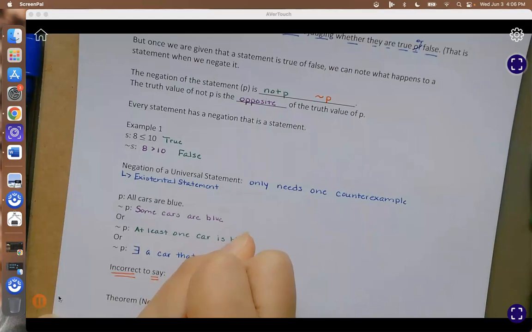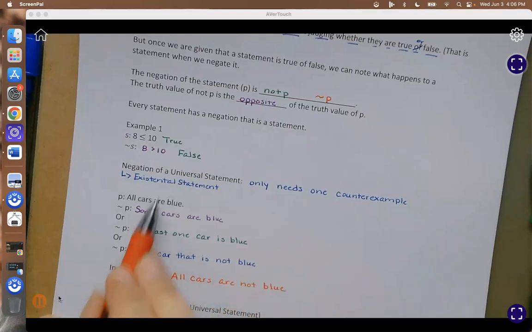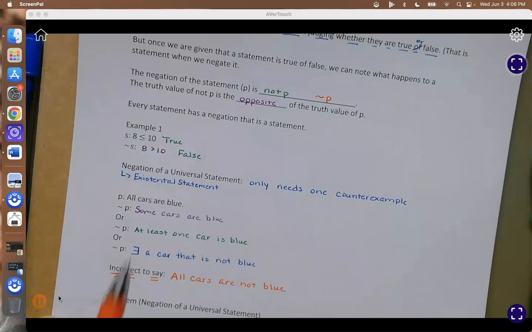You can't just throw "not" in there like you do with a basic statement. Because it's universal, you either have to make it "some cars are," "at least one car is," or you say "there exists" and then put the "not" in there.